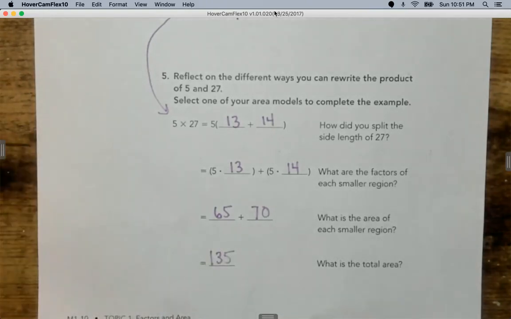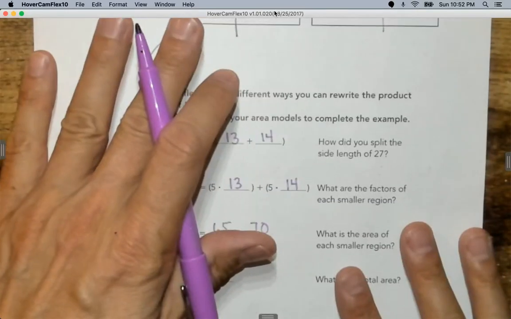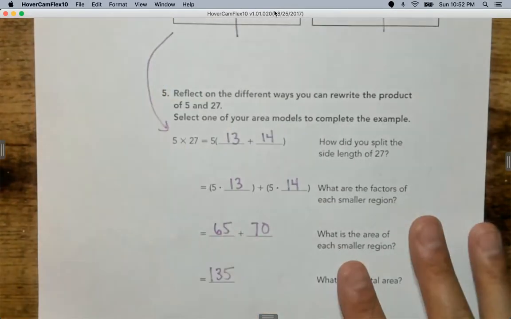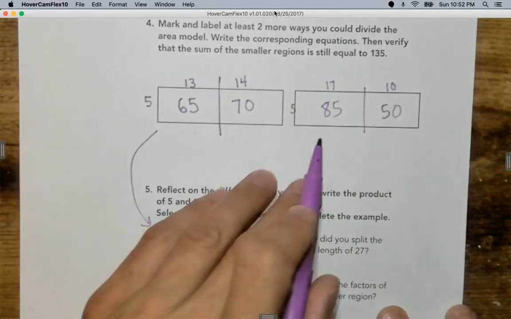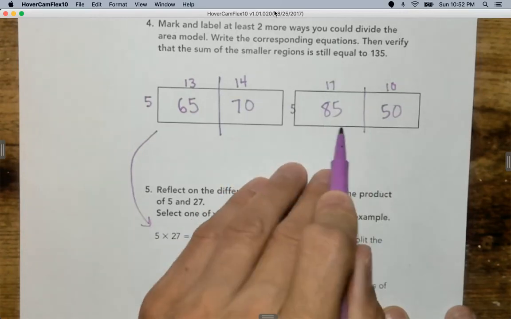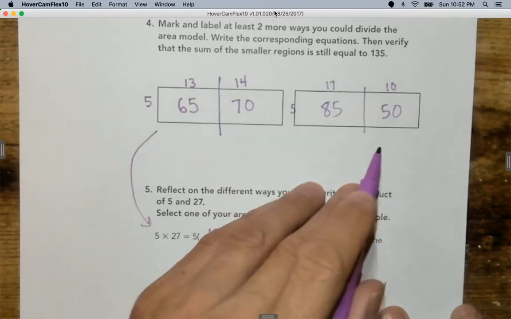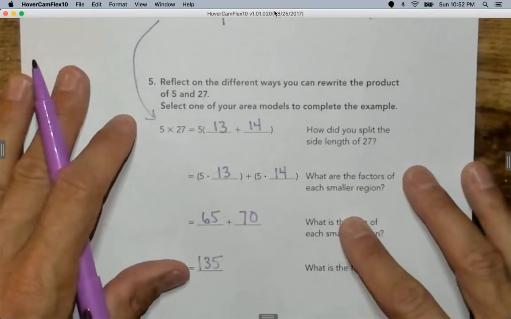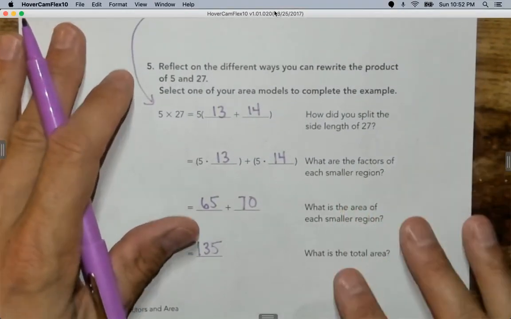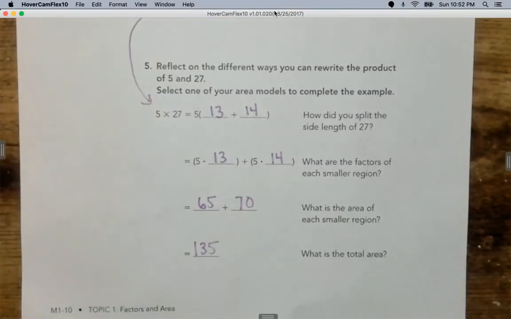So even though I'm breaking up 27 in different ways, like 20 and 7 in our first example, and in our second example I broke it up into 13 and 14, and even if we did 17 and 10, whenever we add our different products together, we always get 135. No matter how we break up 27, as long as we multiply all the parts by the other factor of 5, when we add it all together, we get 135 at the end.